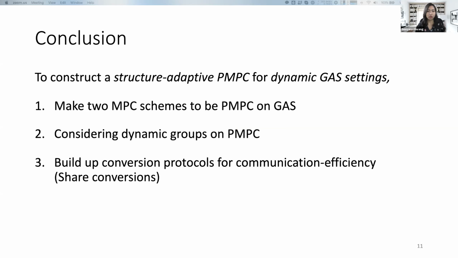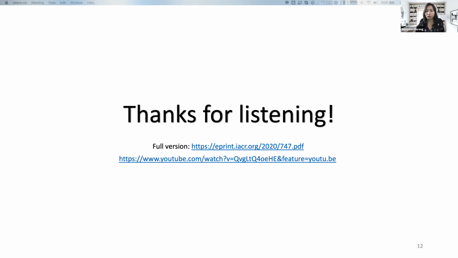We also suggest share conversion protocols between MSP-based shares and additive shares, so that the more efficient scheme can be used depending on the dynamic general adversary structure. Due to the time limit, many details are omitted in these slides, and I only introduced the overview of our work. Please refer to the full version of the video and the paper if you're interested. Thanks for your attention, and I'd be happy to get any questions.